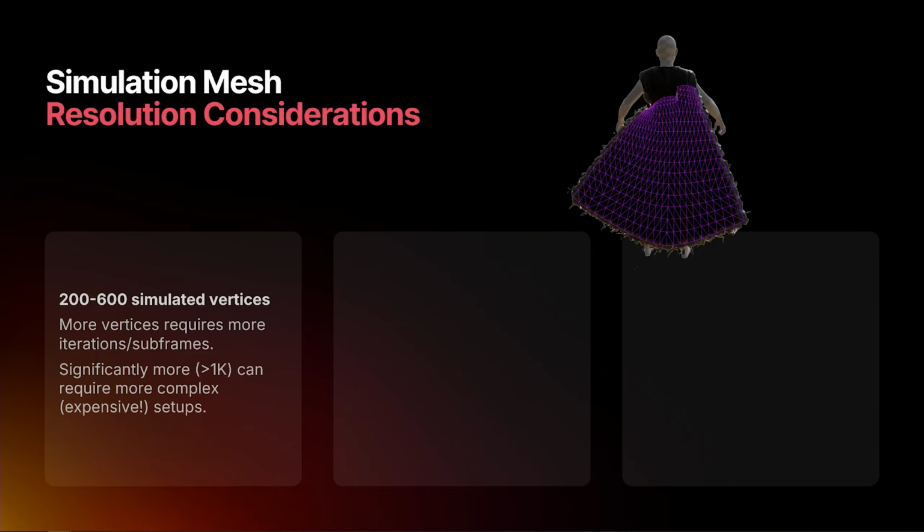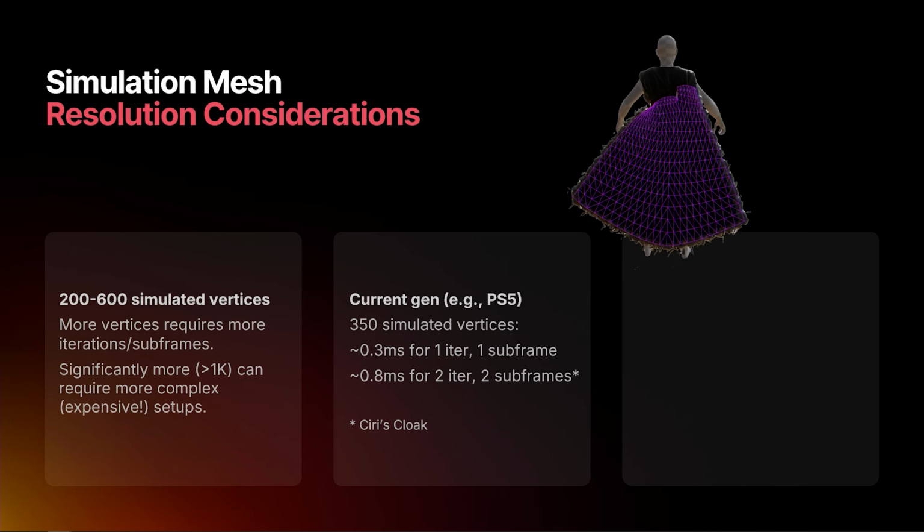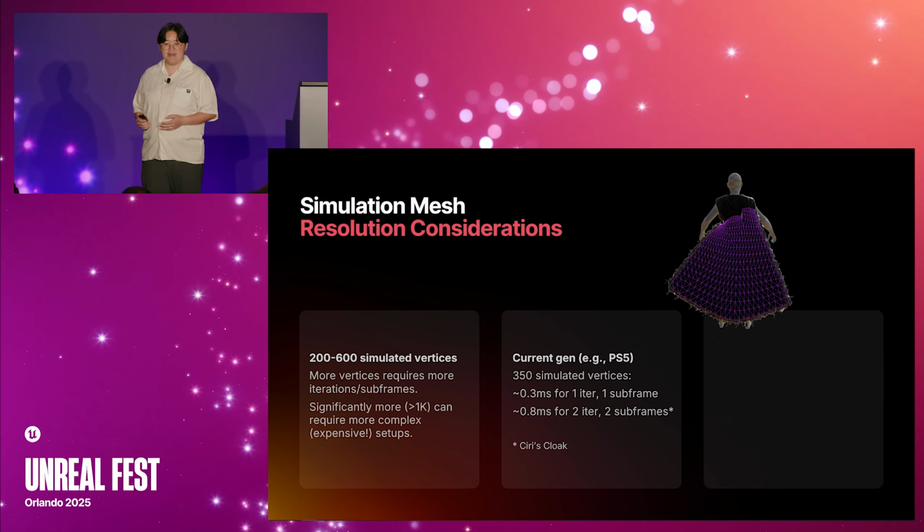Significantly more vertices can push into the cinematic cloth quality, which can require more complex setups. For setups with a typical level of features for cloaks and capes and things like that, we tend to recommend around 350 simulated vertices. This allows for enough degrees of freedom while staying in a half to 1 millisecond range on current generation hardware.